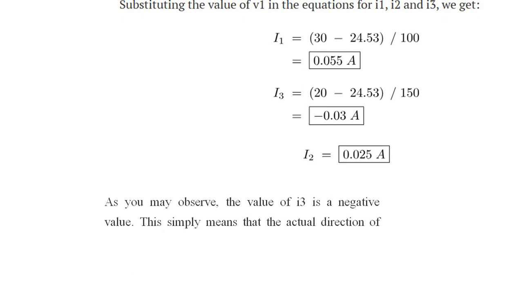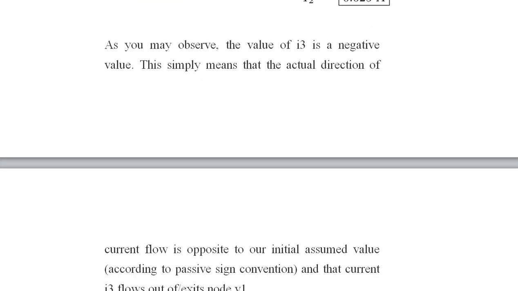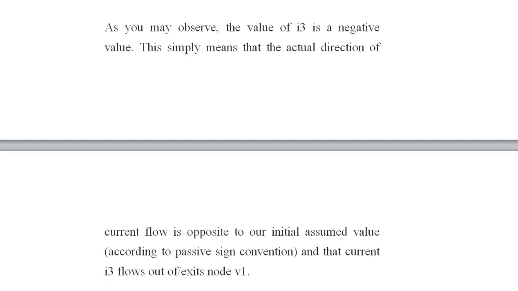As we observe that the value of I3 is negative, this simply means that the actual direction of current flow is opposite to our initially assumed direction according to passive sign convention, and the current I3 flows out of, or exits, the node V1.